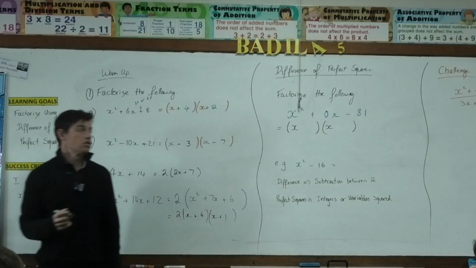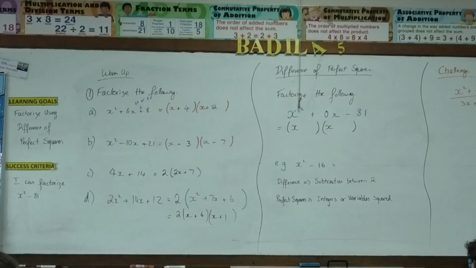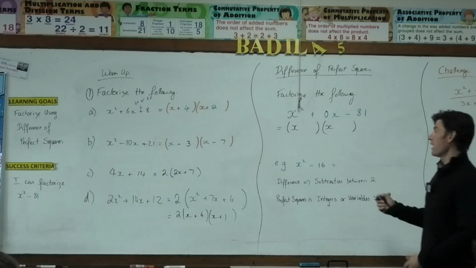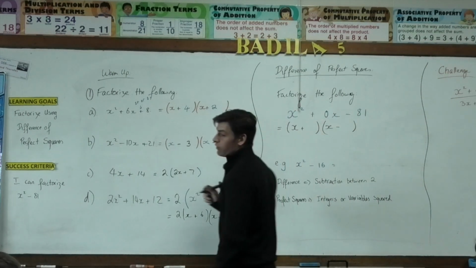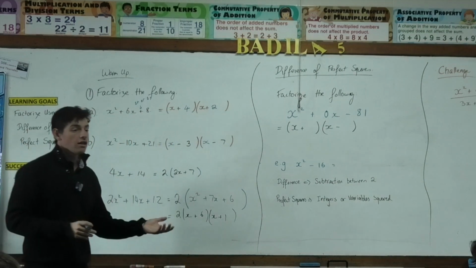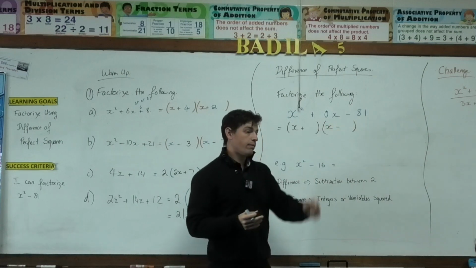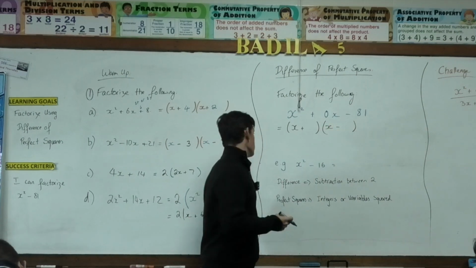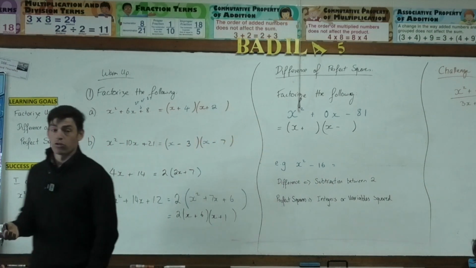I look at the second term, and that tells me it's a positive and a negative, because the only way I can get a negative there is a positive multiplied by a negative. If it was two negatives, this would be a positive. If it was two positives, it would be a positive. It doesn't matter which sign comes first. It's a good question. So that's step 2 done, correct?